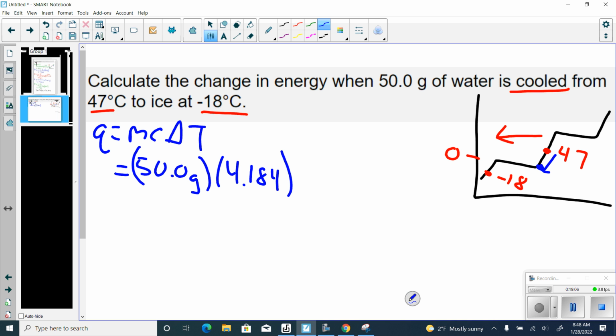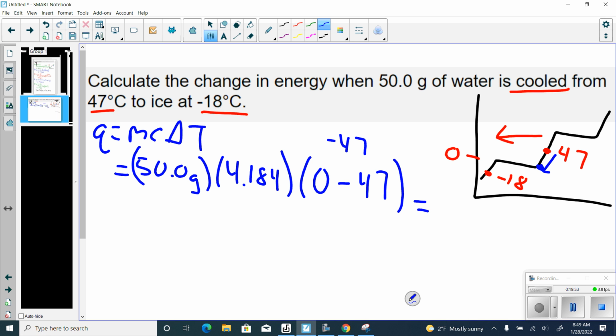Delta T is final minus initial. Our initial is 47. We're going down to 0. 0 minus 47, which means this is a negative 47. Which means when I solve for Q for this first step, it's going to give me a negative value.